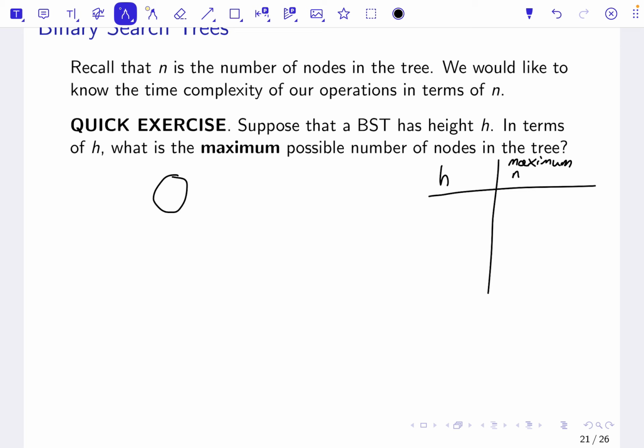Indeed, the longest path from the root node to a leaf is 0 because our root node is also technically a leaf. Since we can't insert any more nodes without increasing the height, clearly the maximum n, when h is equal to 0, is 1. Now let's check out a tree of height 1.